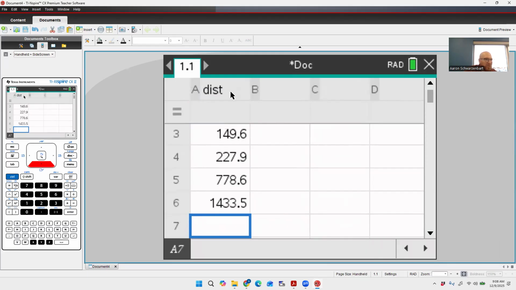So this is in millions of meters, the distances. And this is actually done partially in the pre-calc book. They do not have Uranus, Neptune, or Pluto on it.